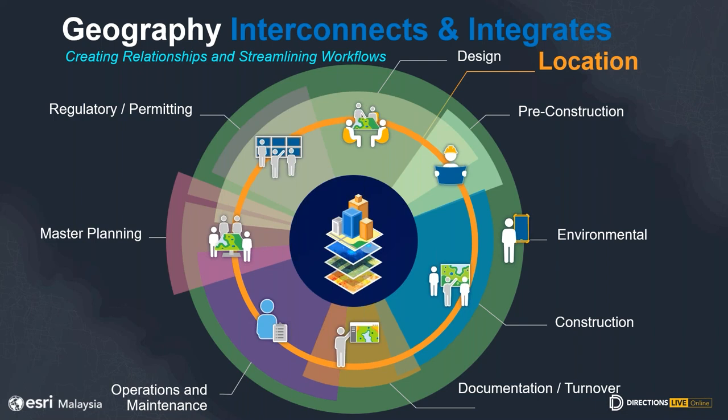By leveraging geospatial, we can create relationships and streamline workflow across different departments, whether it comes from master planning, from a design department, construction, or towards operation and maintenance. Geography bridges information silos, allowing different departments to work together more efficiently, ensuring better checks and balance.